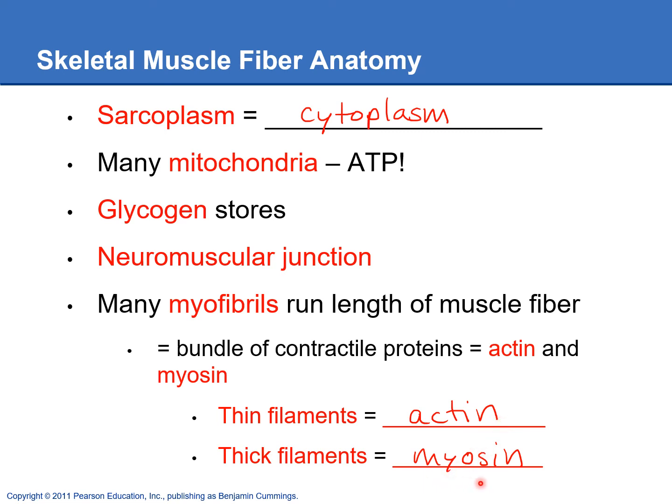And then I remember that myosin are the thick filaments because thick is a longer word or a thicker word than thin. I don't know, I just have to make up little stories to remember these things.